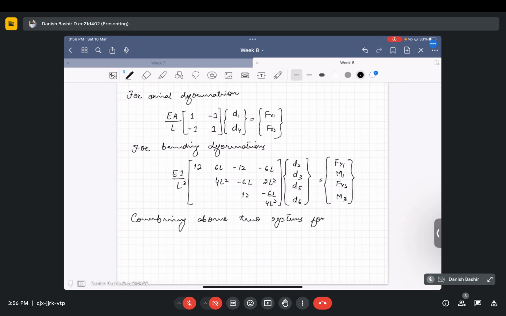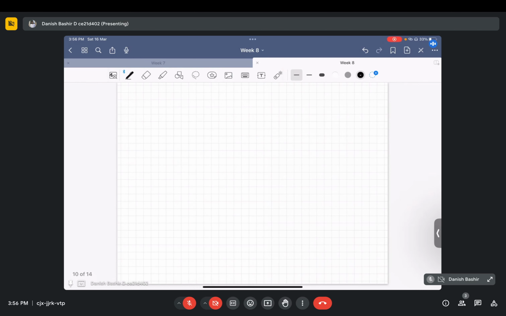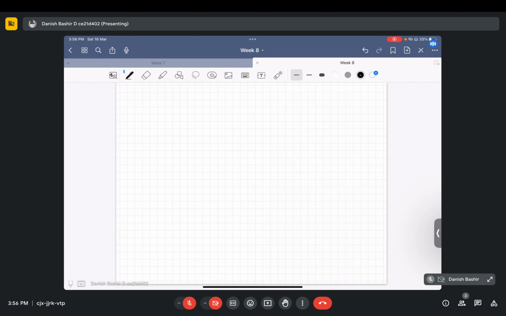So when I combine the above two systems for plane frame element, I will get a system of equations like this.